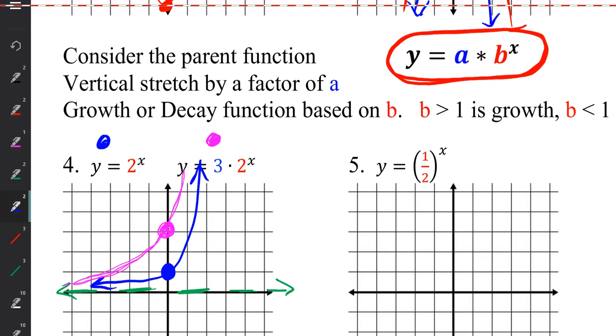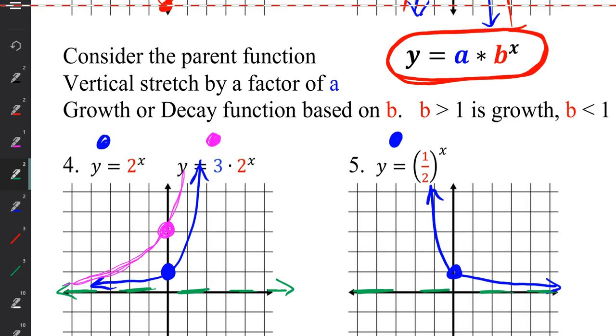Growth or decay, Bethany or RJ? Why? It's less than 1. Okay, so this is going to be in blue. Put your (0, 1) dot. Draw your basic decay. That's all I'm looking for. Stephen, these problems should take you 30 seconds or so per problem. That's it, we're done.